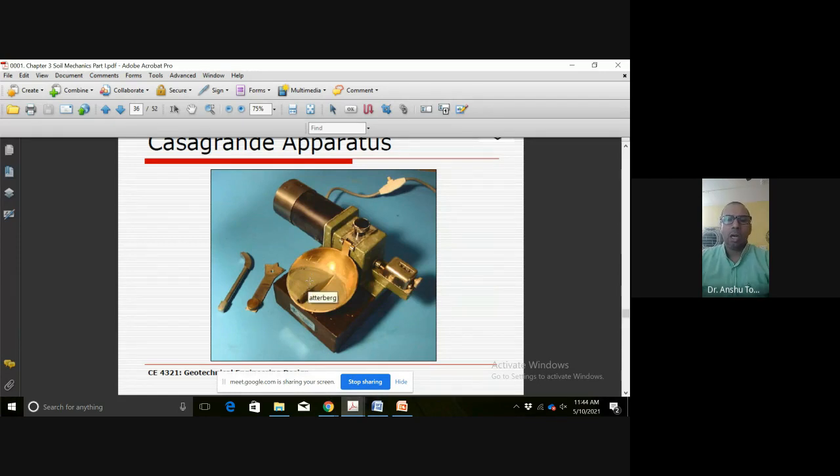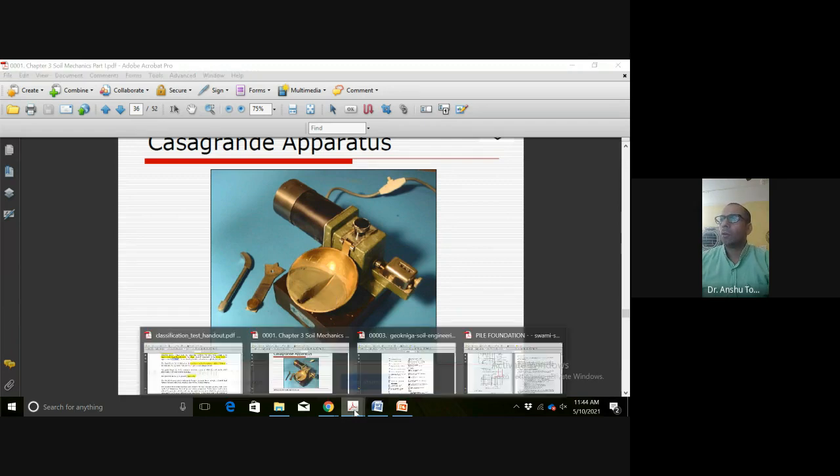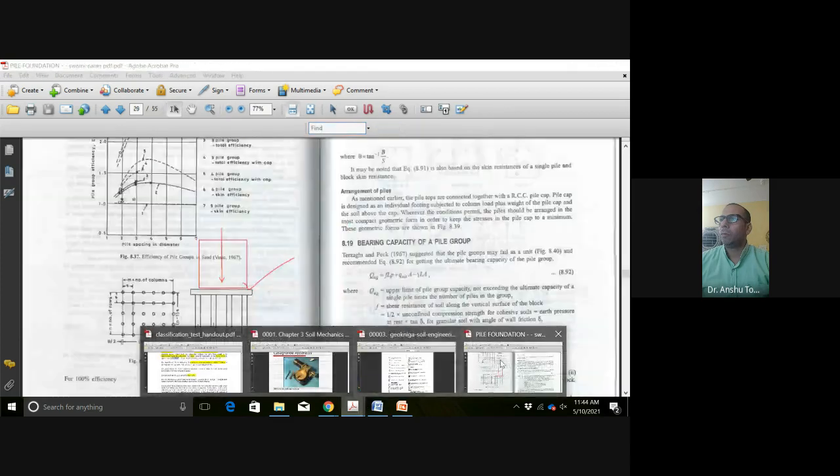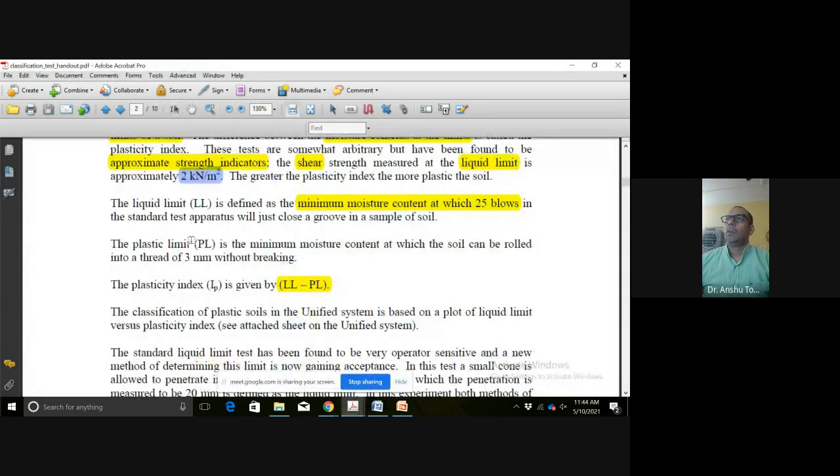Basically it is 2 blows per second. So it is 25 blows.